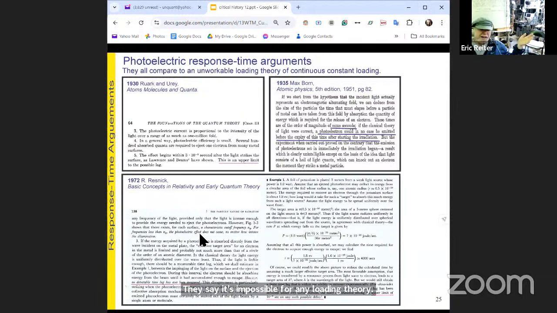But like I'm saying, they're comparing to an unworkable kind of loading theory. This has convinced physicists and students to give up on this idea. This is all throughout our textbooks, these homework problems.